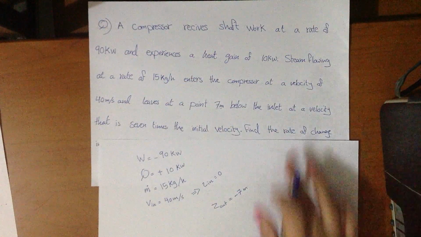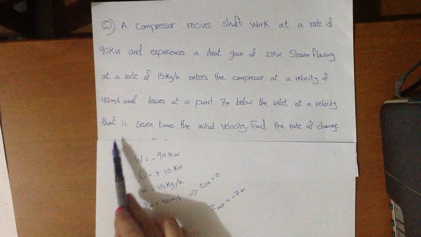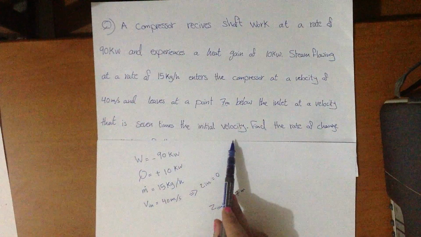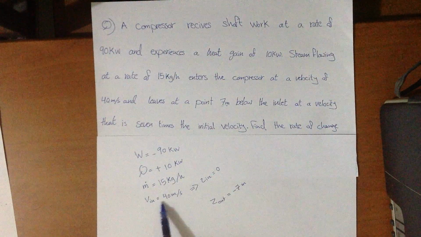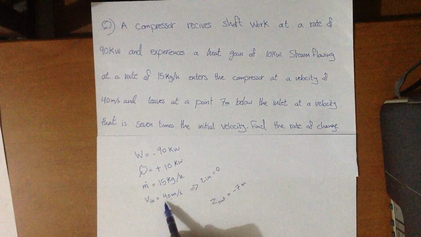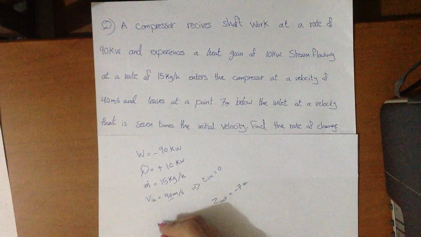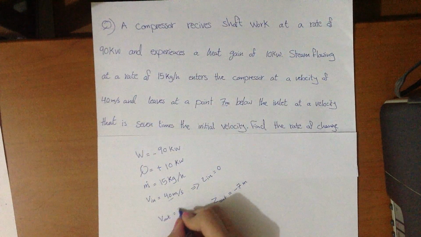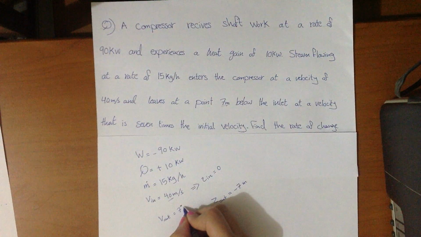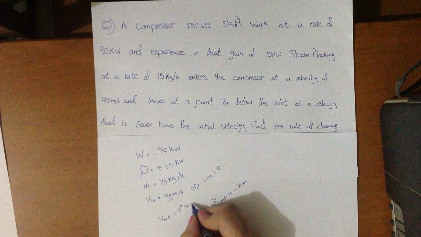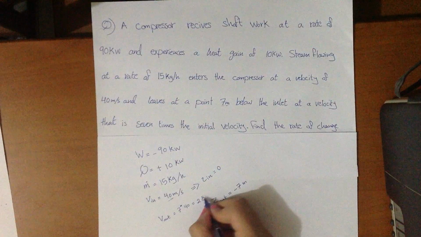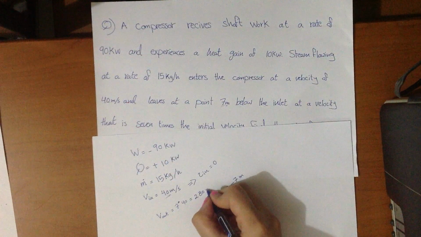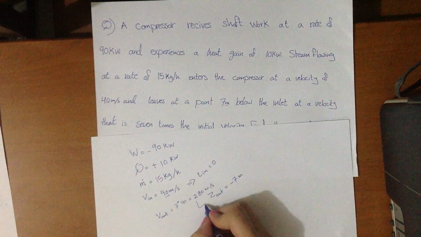And at a velocity that is 7 times the initial velocity. If the initial velocity was 40, the outlet velocity should be 7 times 40, which is equal to 280 meter per second at this point.